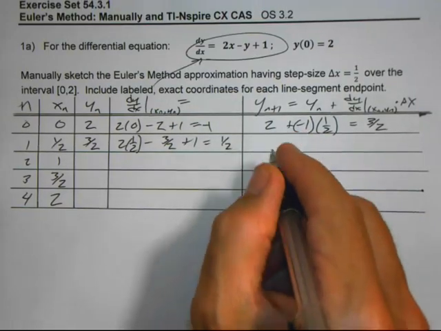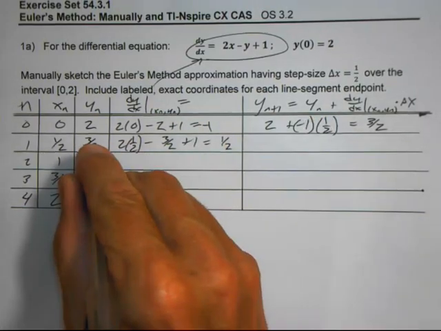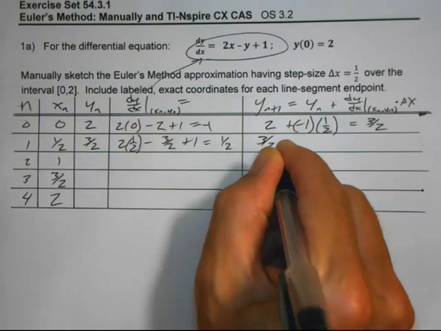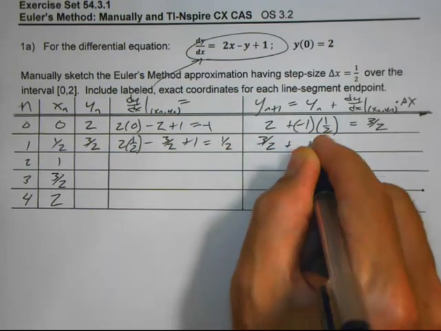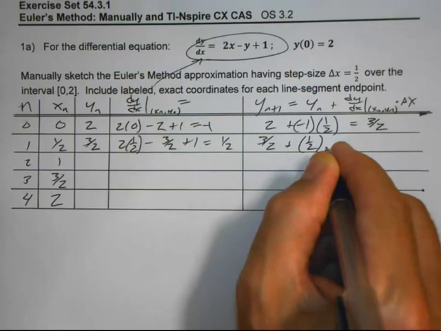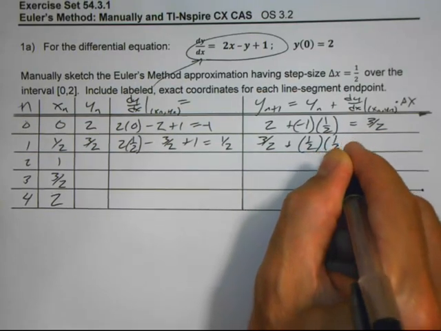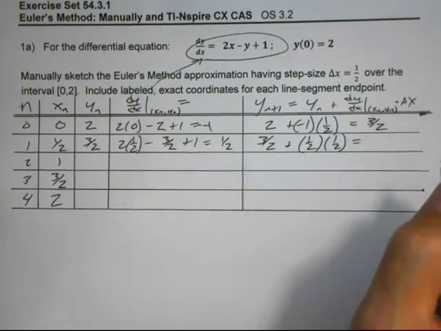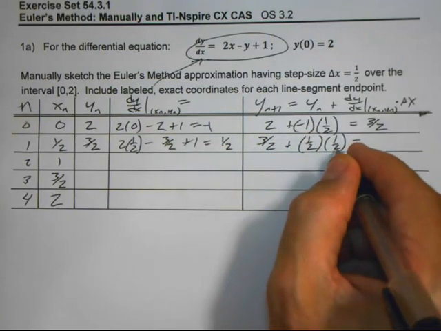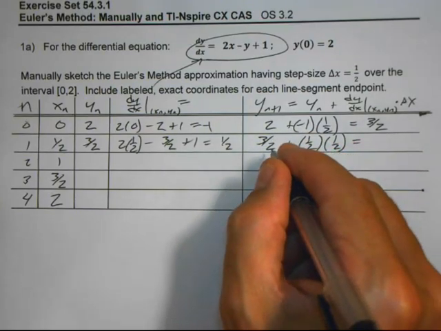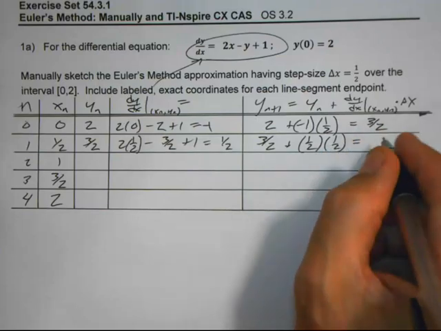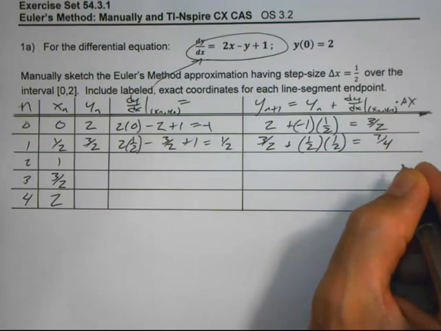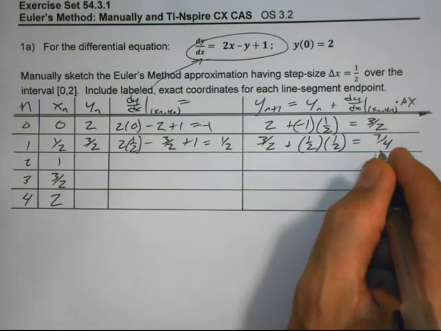Okay, so now it's the original y, 3/2, plus slope times delta x. Okay, 3/2 and 1/4. We're in the world of fourths here. That's 6/4, 1/4, 7/4. And that gives us the y sub 2.